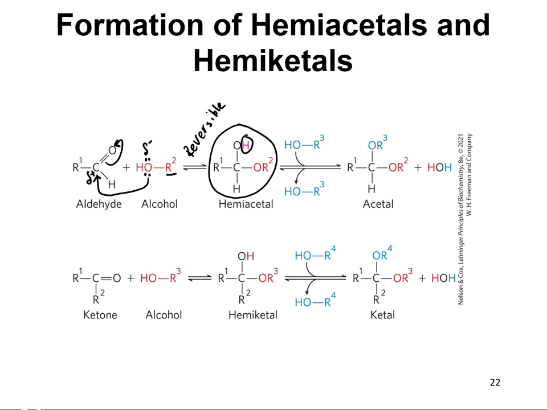So the hemiacetal can once again break down, and you would just have some electrons do like this, and then like this, and you would kick out whatever that R group is along with the oxygen.